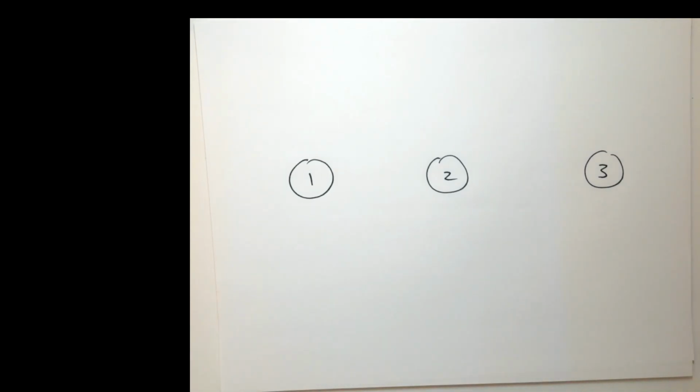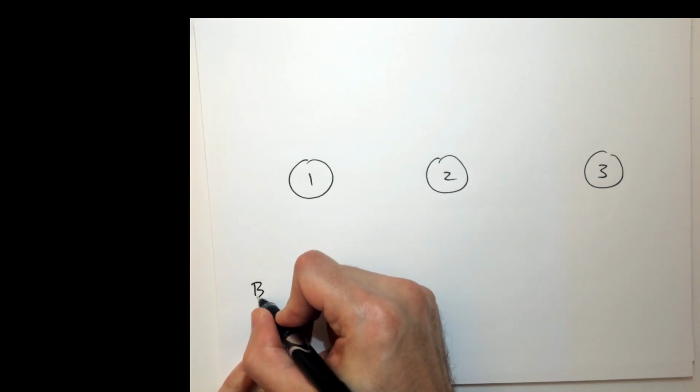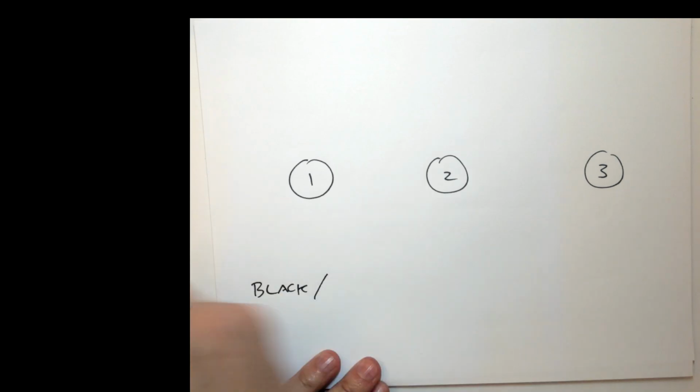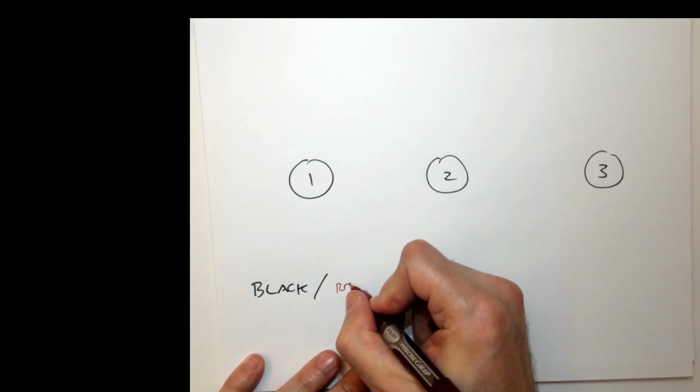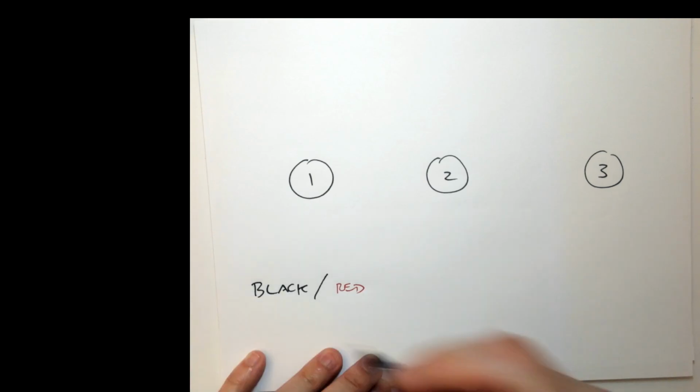So let's suppose that I can take 2 possible actions per state. And let's call them the black action and the red action, right? So the black and the red arrows here are going to be actions.